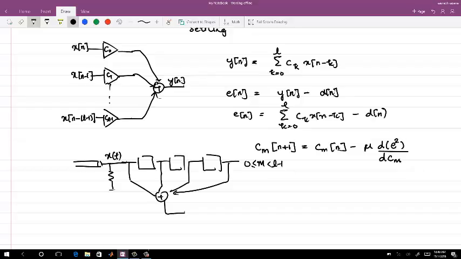The error value is due to all the coefficients, not one single coefficient, but I measure how the error changes with the one coefficient I want to tune. So this is a derivative only with respect to Cm. This equals Cm of n minus mu, with the same 2 factor here, E of n times x of n minus m.